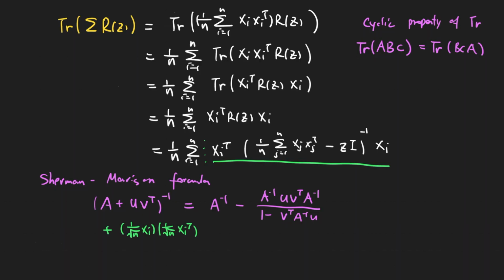And then for the matrix A, we can use sigma with a superscript i to denote that we want to exclude the dependency of data point i, and then minus z times I. Let me spell it out clearly: sigma excluding i equals 1 over n times the sum over j not equal to i of xj xj transpose.